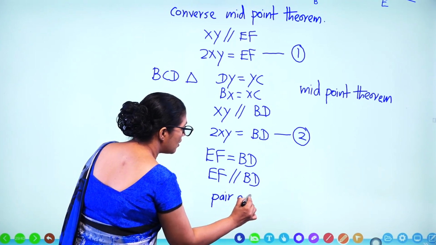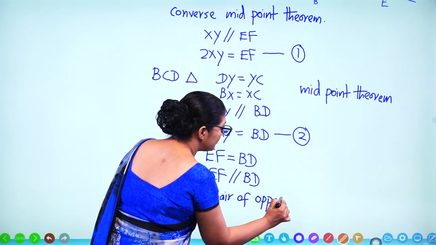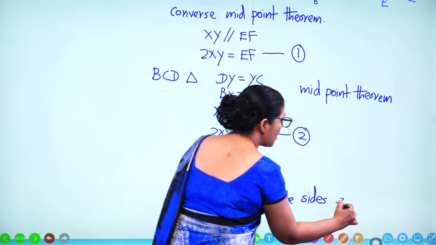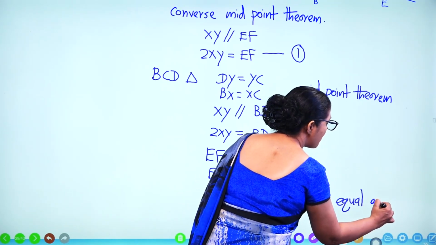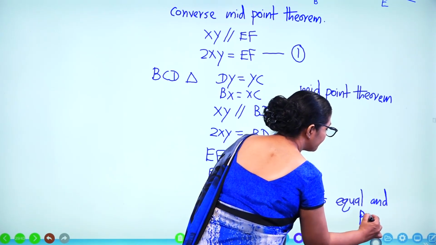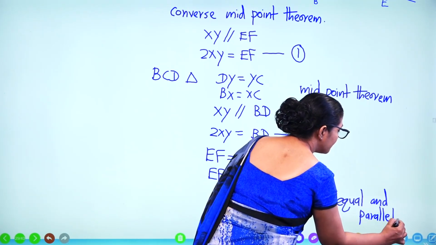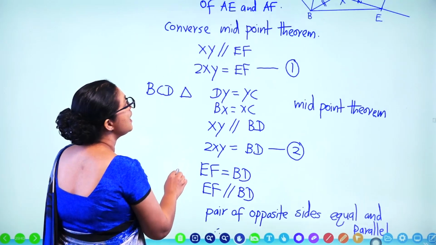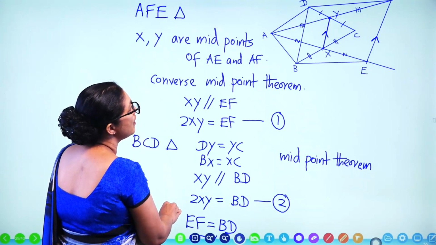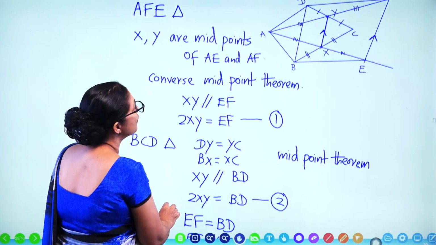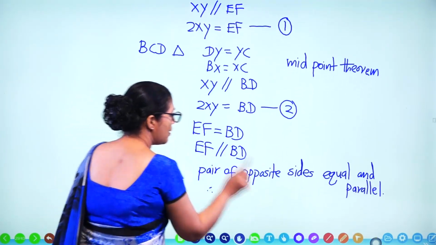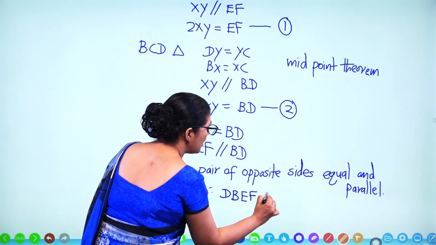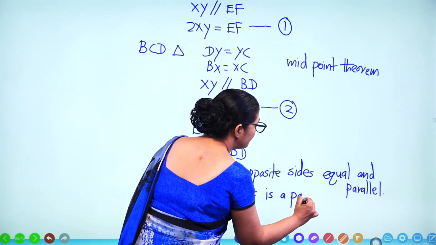Pair of opposite sides equal and parallel. Therefore, DBEF is a parallelogram.